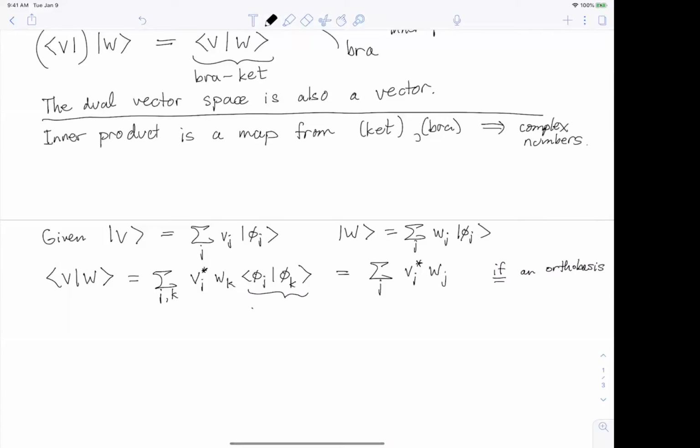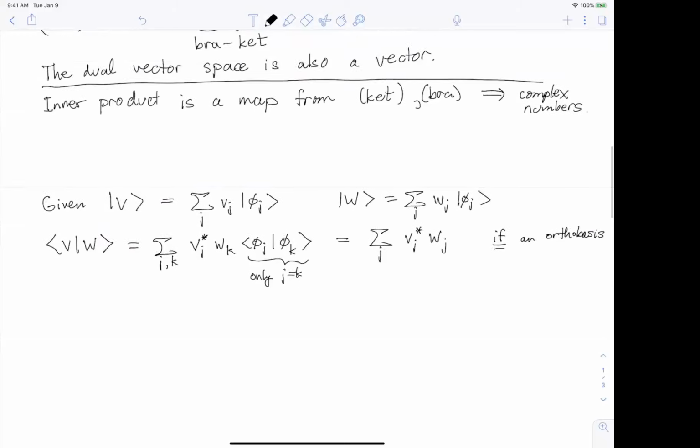So only the j equals k term in the double sum here survives. And so really I've just got a single sum over all the j's. And then I can set this W sub k equal to W sub j. And so that's how I get this single sum here for the inner product. So all this is saying is if I know the components, then I know the inner product of two vectors in terms of the components.